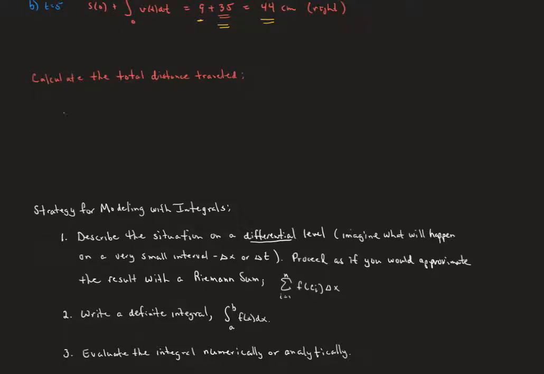So that distance traveled then is going to be that delta distance is going to be the absolute value of that velocity at some point there, and then times a little delta t. So that will give us that little bit of distance we traveled, and again we'll sum that up. So our distance traveled is going to become an integral.